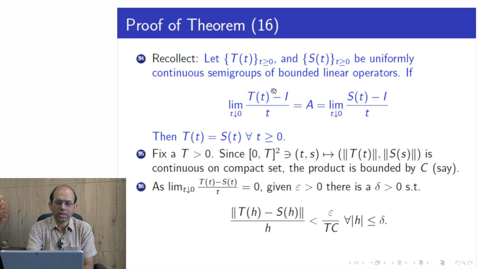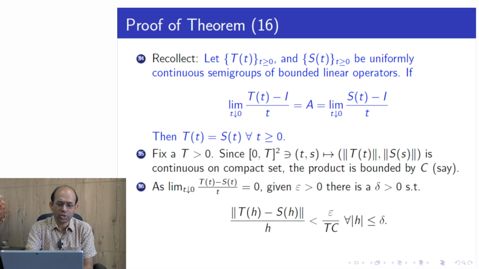Since we already know that both limits exist and A is the limit of both these things, if we subtract, that limit would also exist, and that would be 0. So if I subtract, I get T(t) minus S(t), and T(t) minus S(t) divided by t goes to 0 as t tends to 0.